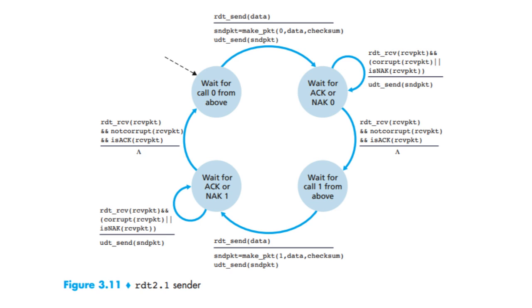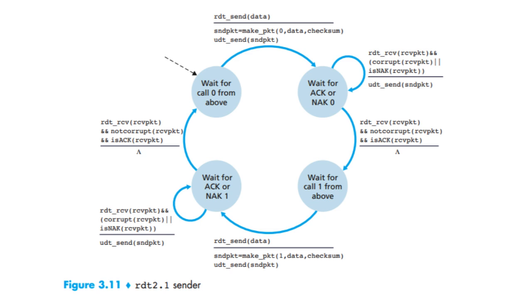Sender and receiver FSMs each now have twice as many states as before. This is because the protocol state must now reflect whether the packet currently being sent by the sender or expected at the receiver should have a sequence number of 0 or 1.